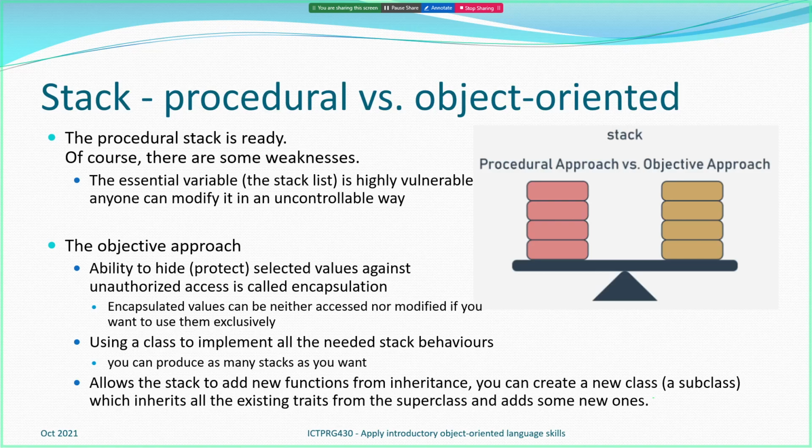What we do when we add the object-oriented approach to this is we add elements of control. So we protect the data that's in the stack, and this is called encapsulation. This means it can no longer be modified by external sources if that's what we want.